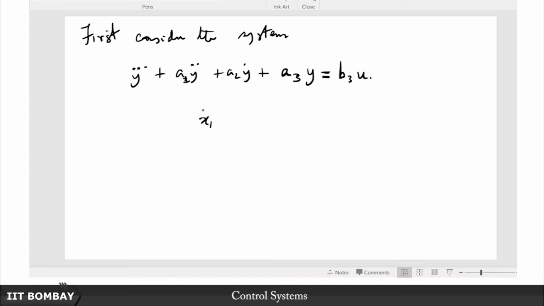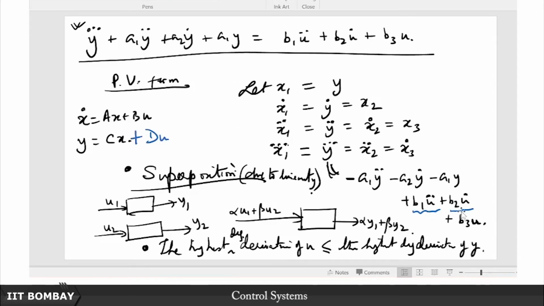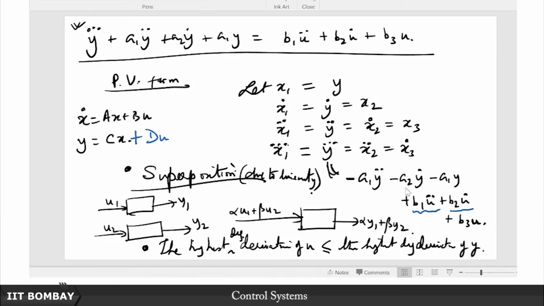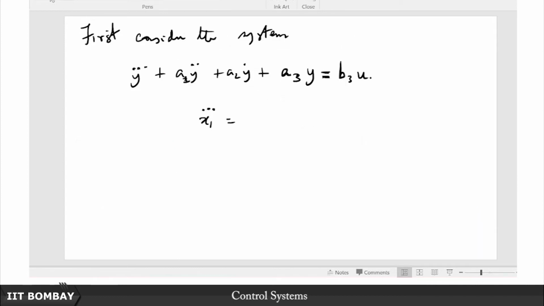So x1 triple dot, this is the stage where we ran into trouble with this u double dot and u dot, but now if we say that b1 is equal to 0 and b2 is equal to 0, then these two fellows do not exist, so that is the easy case. So then I have x1 triple dot is equal to minus a1 y double dot minus a2 y dot minus a3 y plus b3 u.